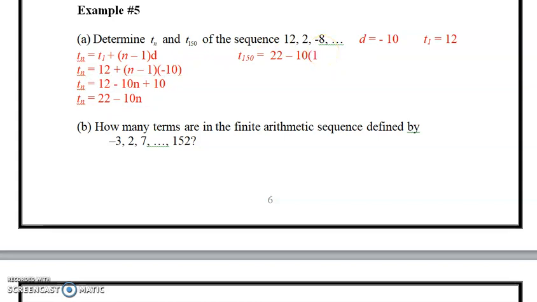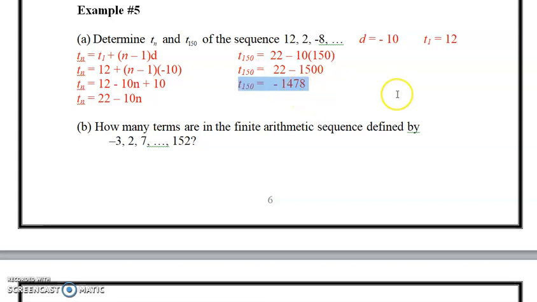For n, we replace it with 150. That would be 22 subtract 10 times 150, which would be 1500. And finally, we take 22 subtract 1500, sorry, and we get negative 1478.